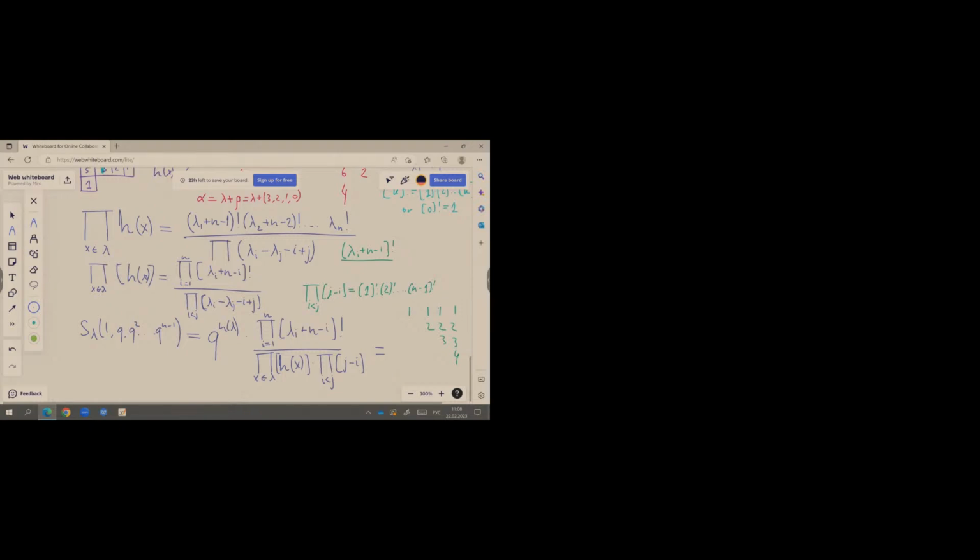So this thing divided by, let's say, divided by n minus i factorial, n minus i minus 1 maybe. Just a second, yeah, so n minus i minus 1, I guess.